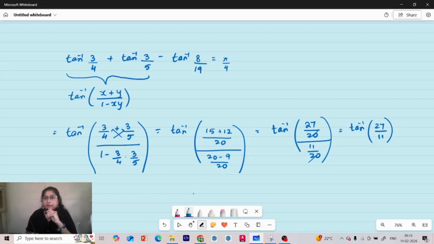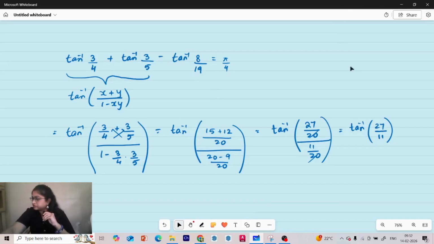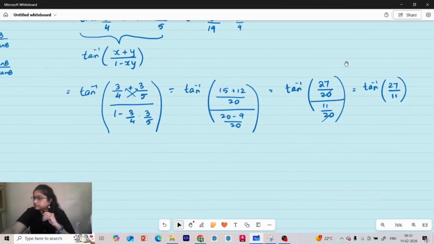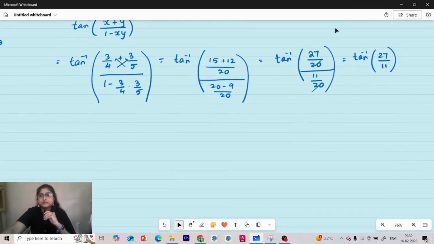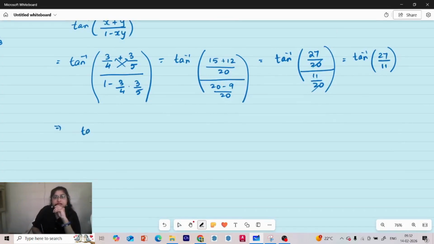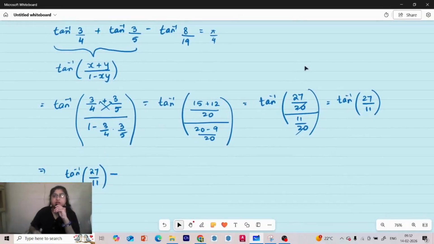Now let's replace our first 2 terms with tan inverse 27 by 11, and there's a minus tan inverse of 8 by 19.